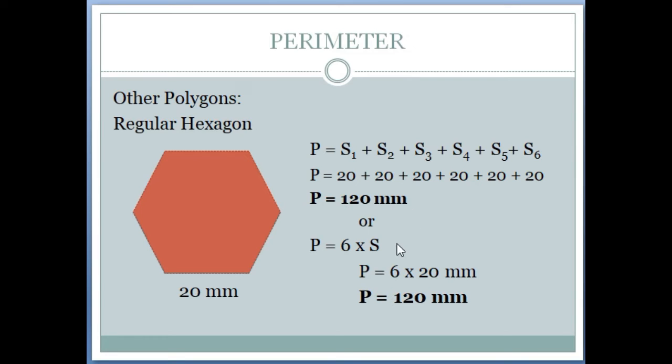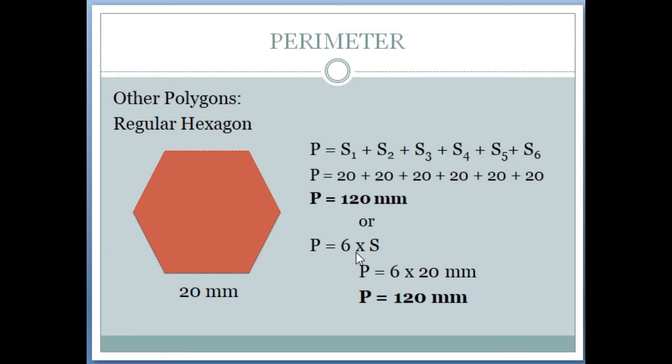Ngayon, meron din shortcut. Since regular yan, regular hexagon, pwede kayong mag-formulate ng sarili nyong formula. Since regular hexagon to, you all know that the hexagon has 6 sides. So you put 6, then multiply it by S, or the measurement of the side.